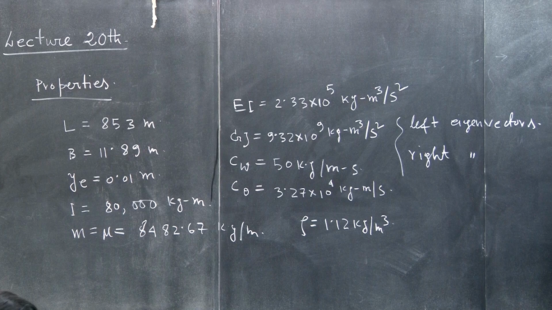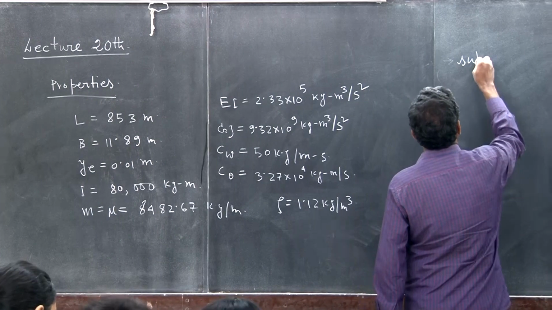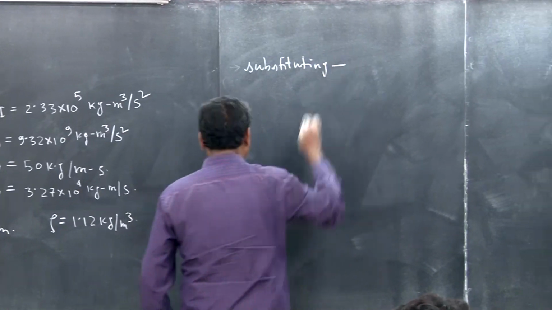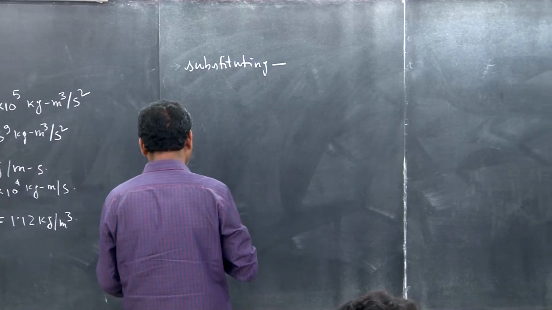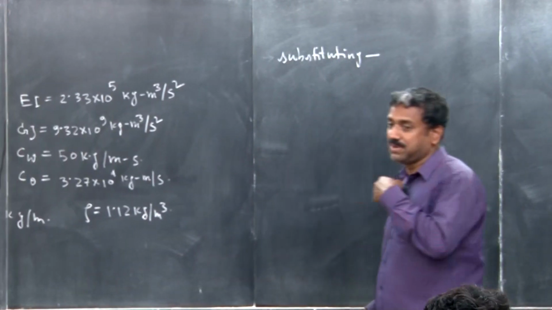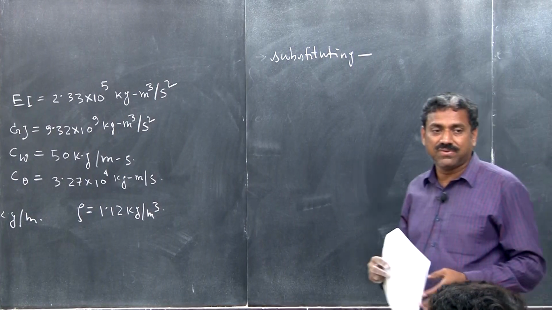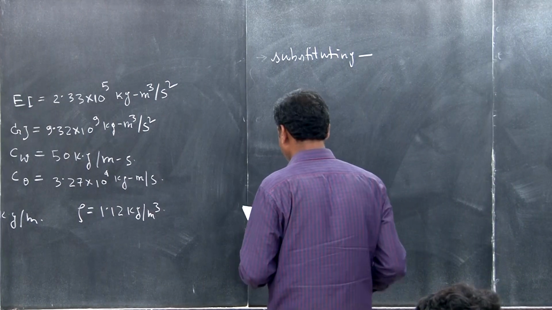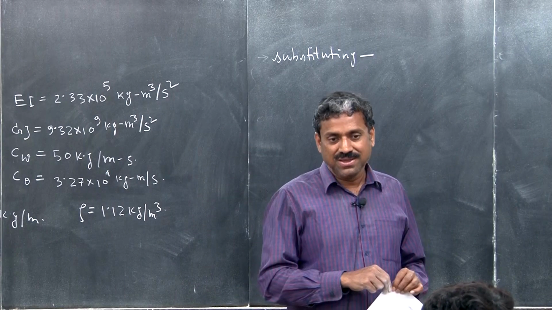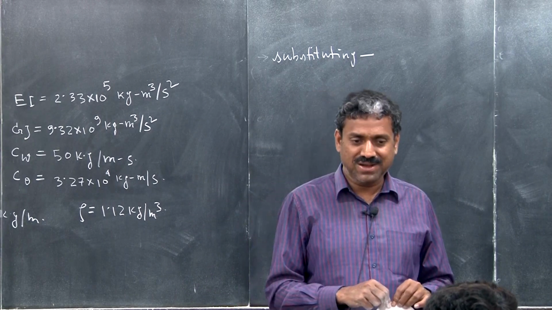By substituting all these values, and then we solve it. Of course, here we have solved a 2 degree of freedom system using MATLAB. So a 2 by 2 matrix is very simple. How many natural frequencies will there be? 2, right?